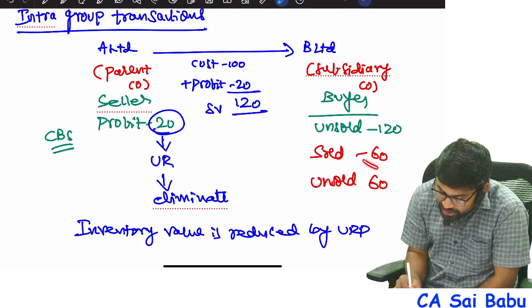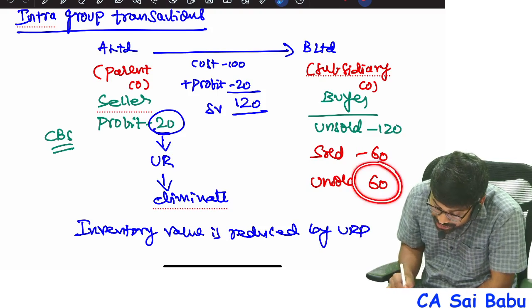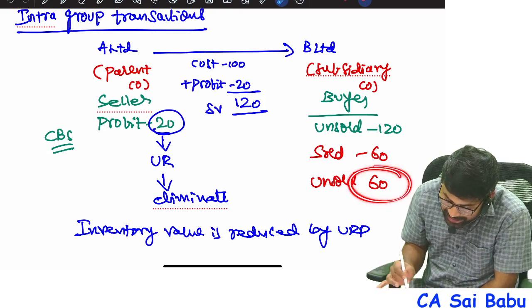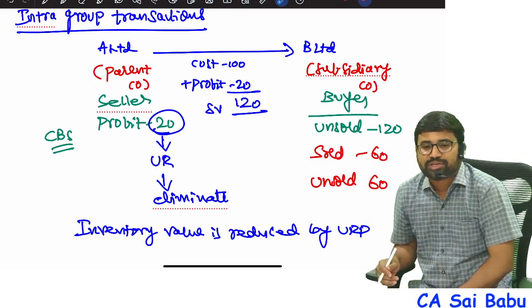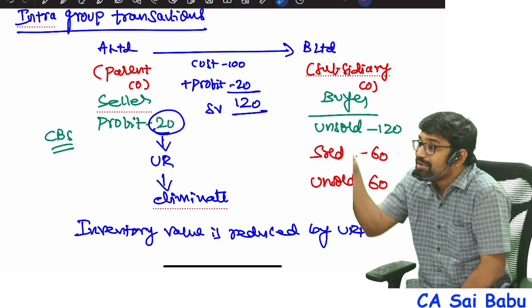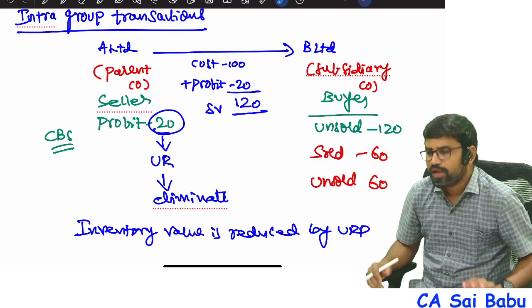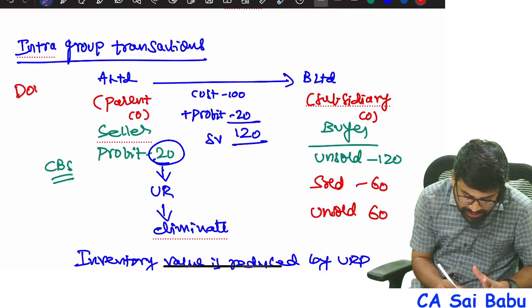To the extent inventory is sold, profit is realized, no need to eliminate. To the extent the stock is not yet sold, the unrealized profit of 10 you need to eliminate. Therefore, from the parent company post-acquisition profits, reduce 10, and at the same time reduce inventory value by 10. And this is called downstream transaction.